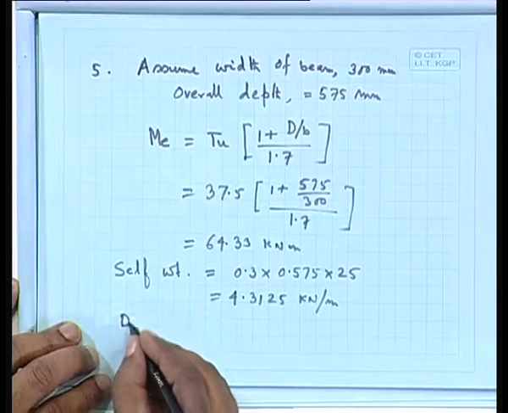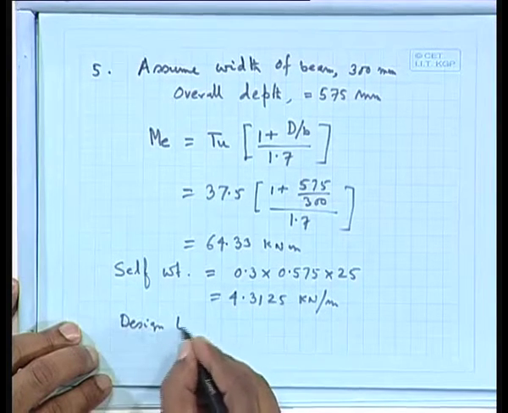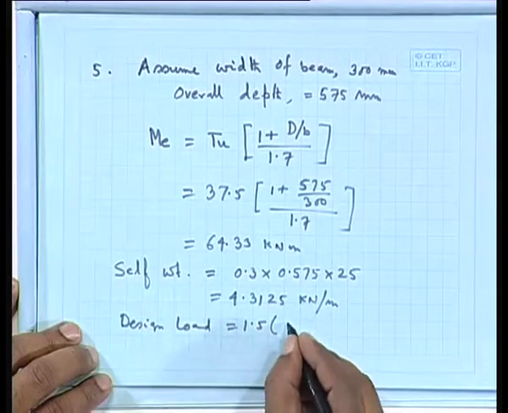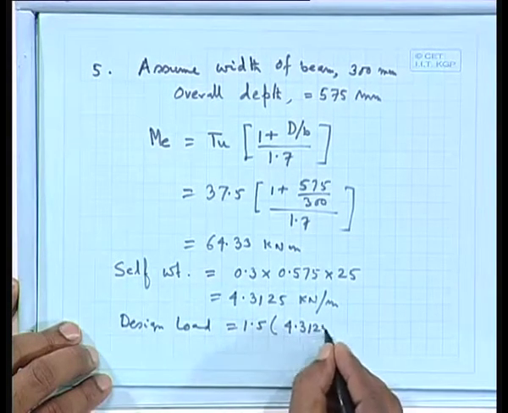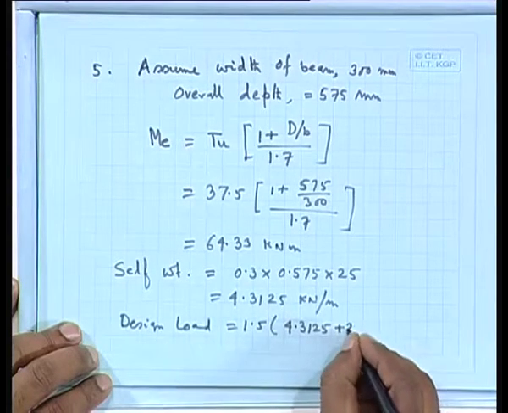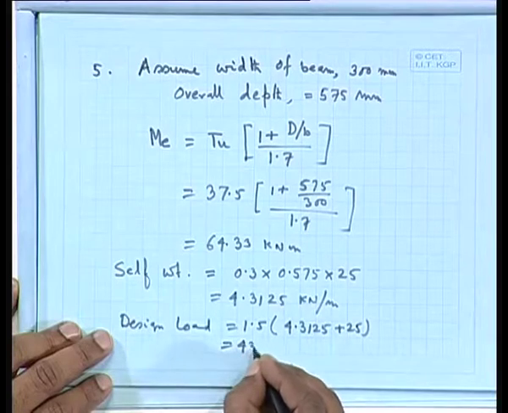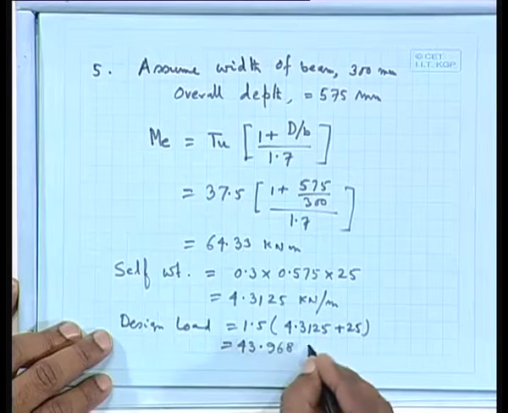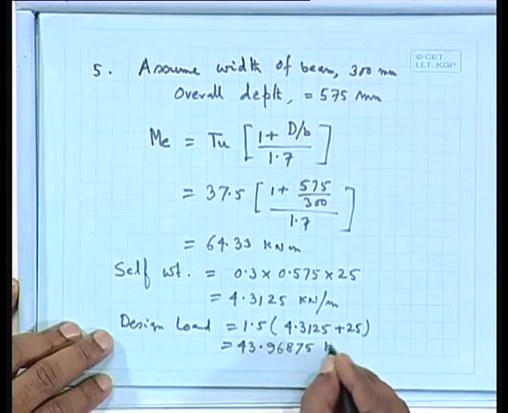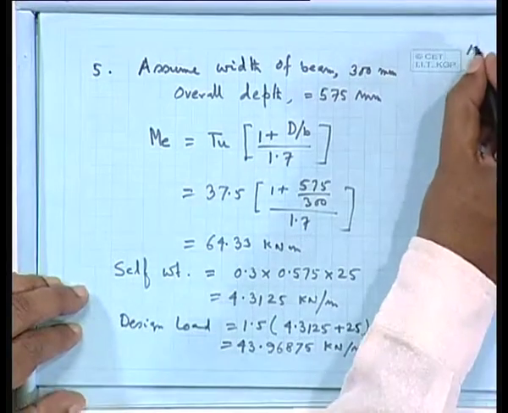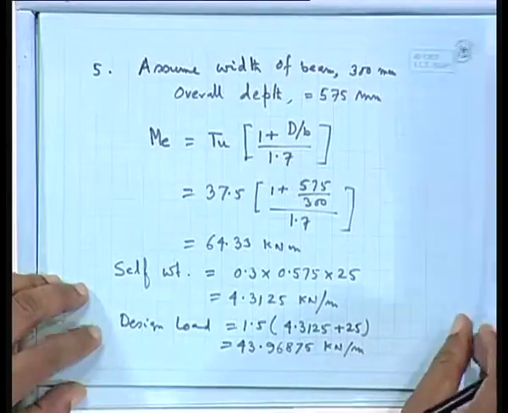Design load equal to 1.5 times 4.3125 plus 25 equals 43.96875 kilonewton per meter. So we have got the design load.